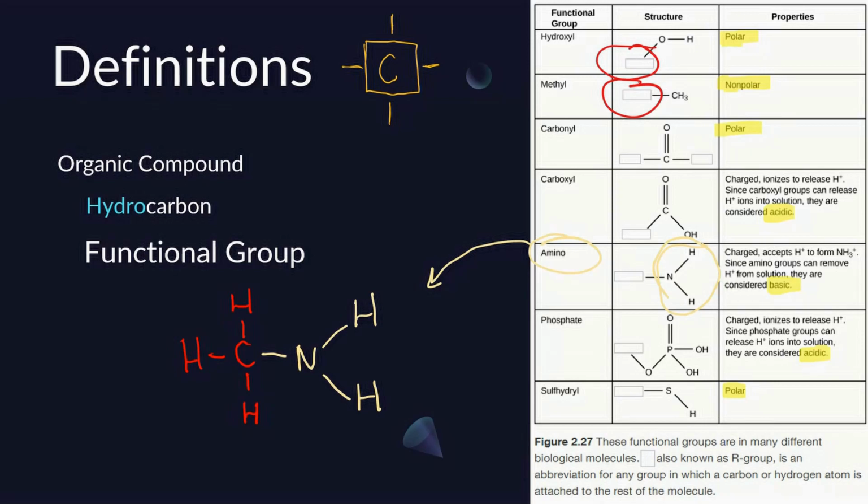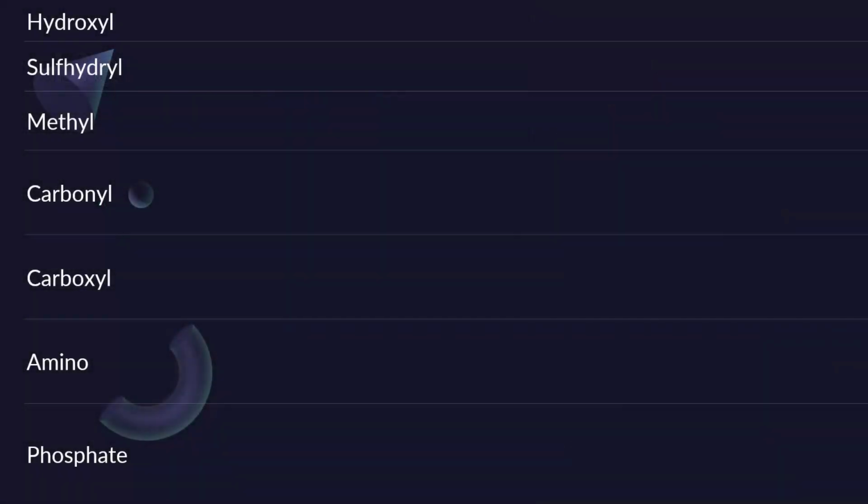Also keep in mind that a lot of people tend to write in shorthand, so while this is what an amino group would look like if it was written fully out, a lot of people will instead write something like this, where instead of writing out the N with its 2 H's, they'll just write NH2.